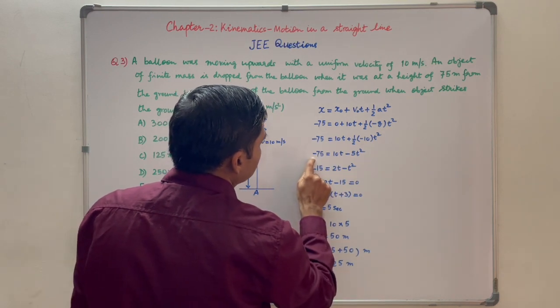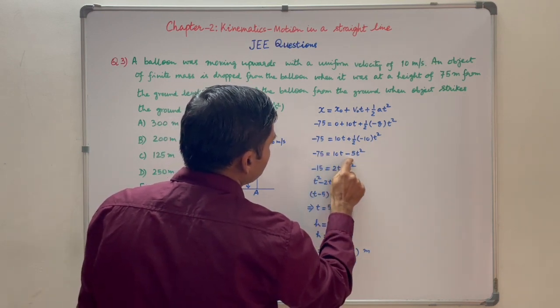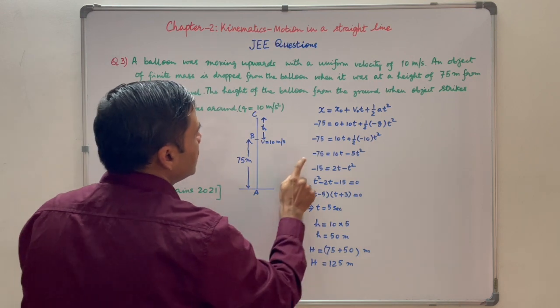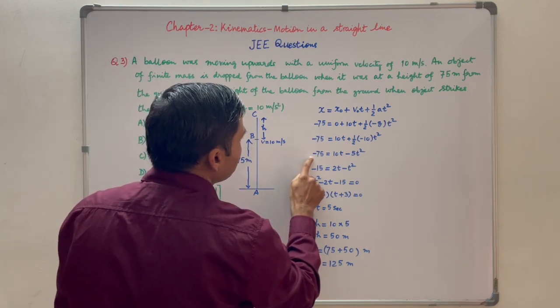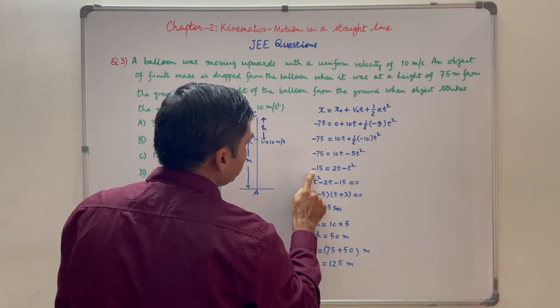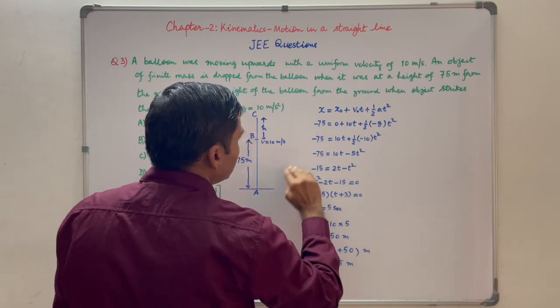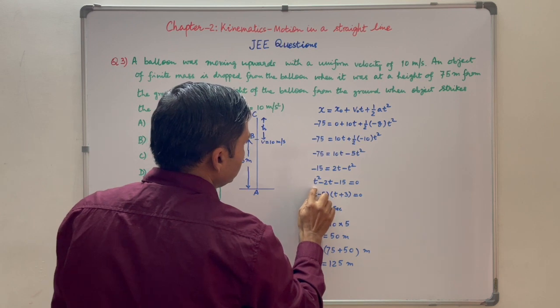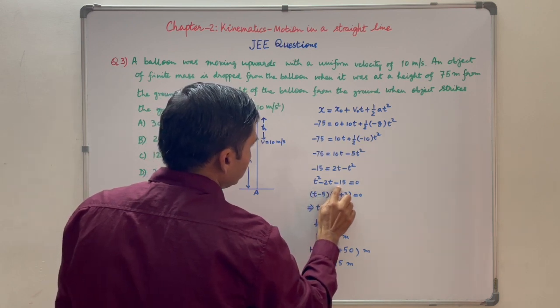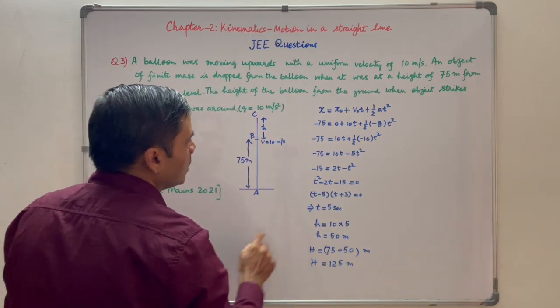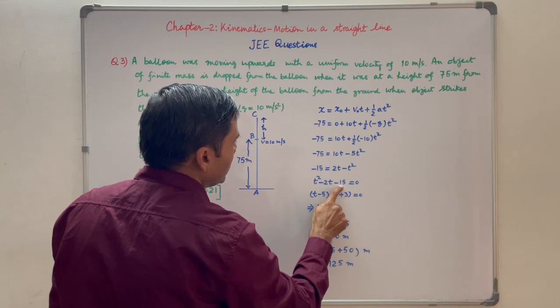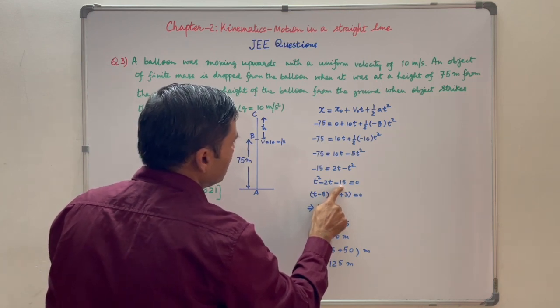It will be minus 75 is equal to 10t minus 5t square. Now divide this whole equation by 5. So it will be minus 15 is equal to 2t minus t square. Now change the sides. So it will be t square minus 2t minus 15 is equal to 0. Now its two factors will be minus 5 and plus 3.